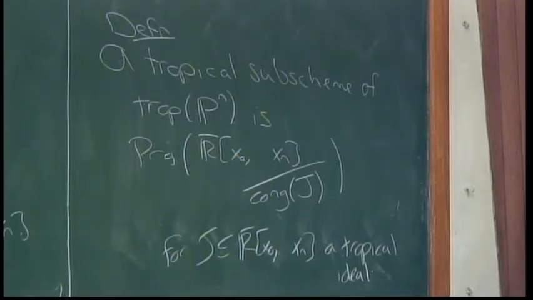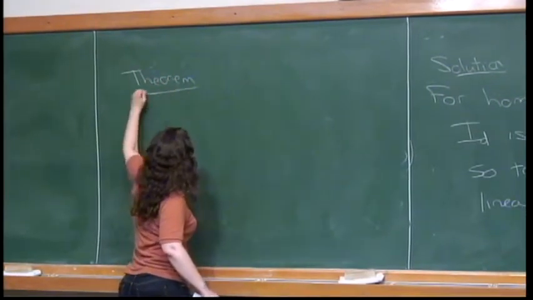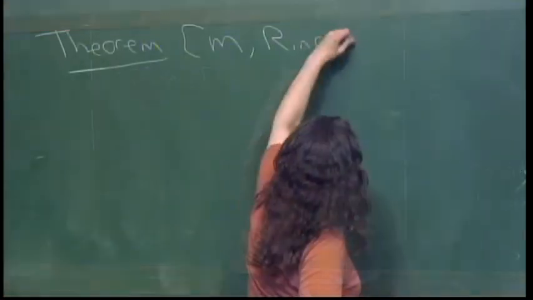So what is this good for? Or rather, why is this a good definition? The justification is the following theorem. First of all, let me tell you essentially what we know about these objects. This is, again, with Felipe.